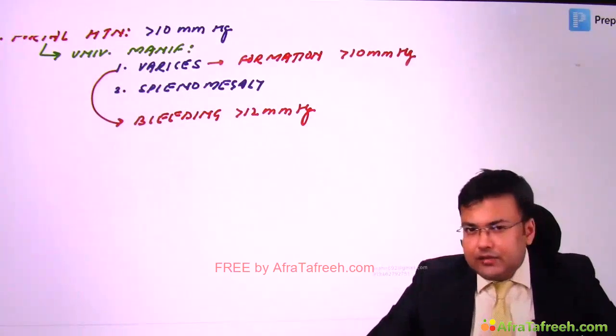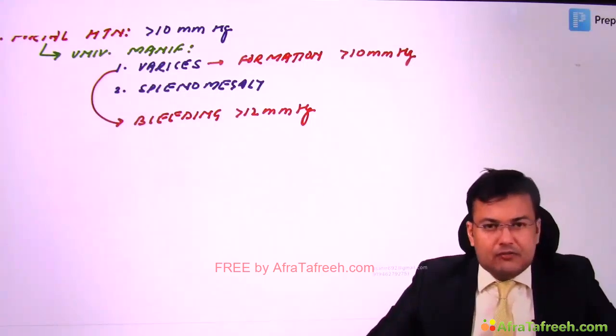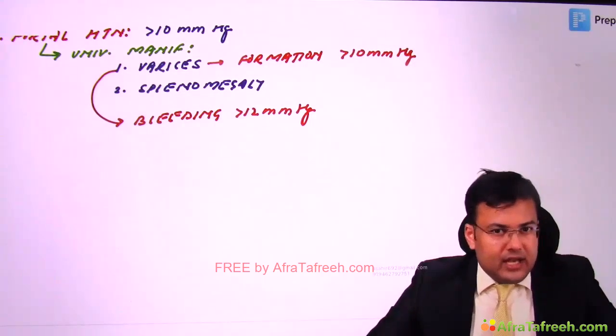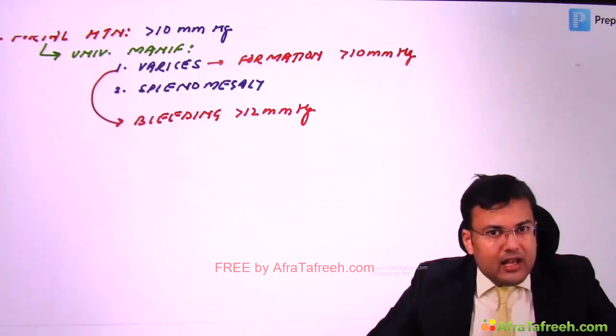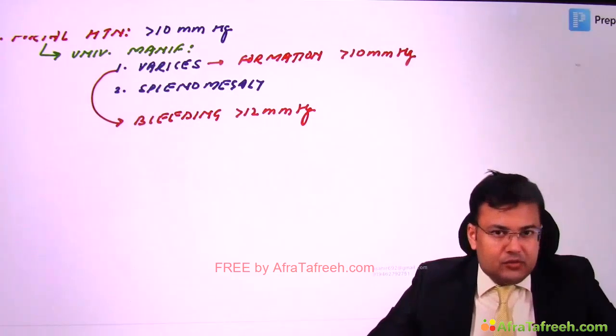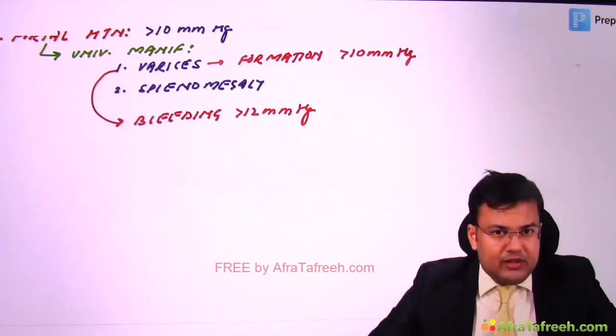If we see the causes of portal hypertension, what is the most common cause of portal hypertension worldwide? That is cirrhosis. And if you're talking about children, because the most common cause of cirrhosis is generally alcohol, and children are not allowed to buy alcohol, so in children, what is the most common cause? It is EHPVO, extrahepatic portal venous obstruction.